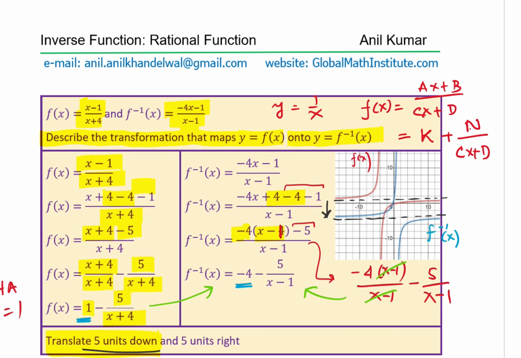Correct? The other one is the transformation from minus 4 to 1. That is, we have the vertical asymptote which actually moves from minus 4 to the value which is 1.